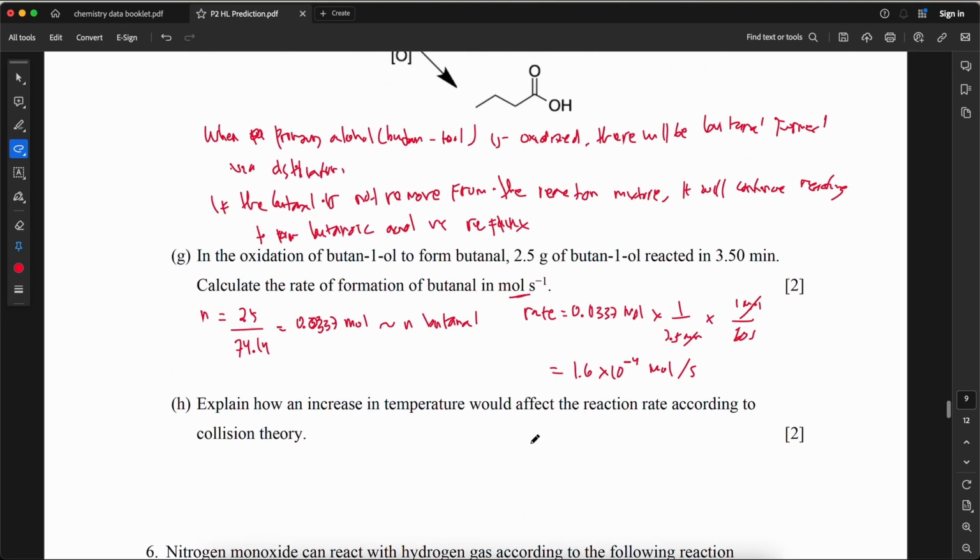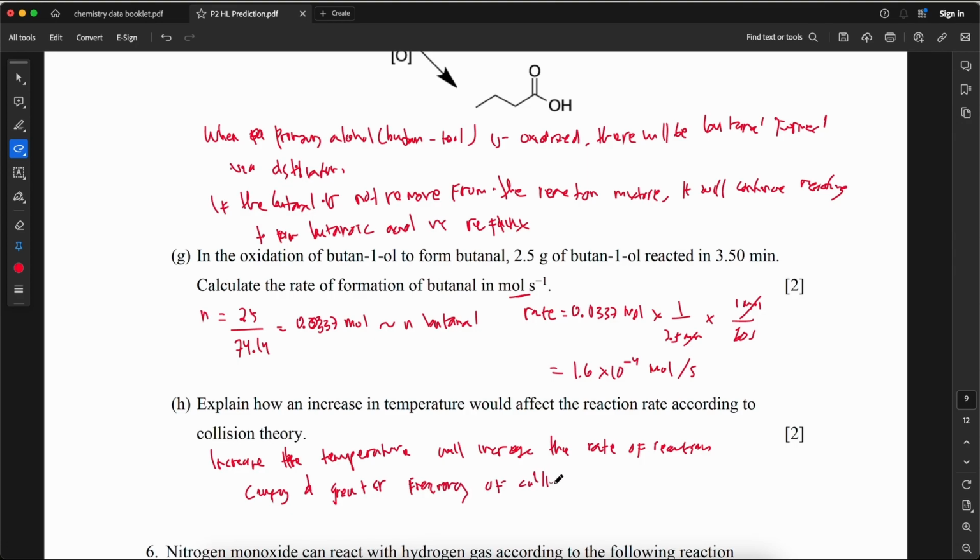Explain how an increase in temperature would affect the reaction rate according to collision theory. Increasing the temperature will increase the rate of reaction, causing a greater frequency of collisions.